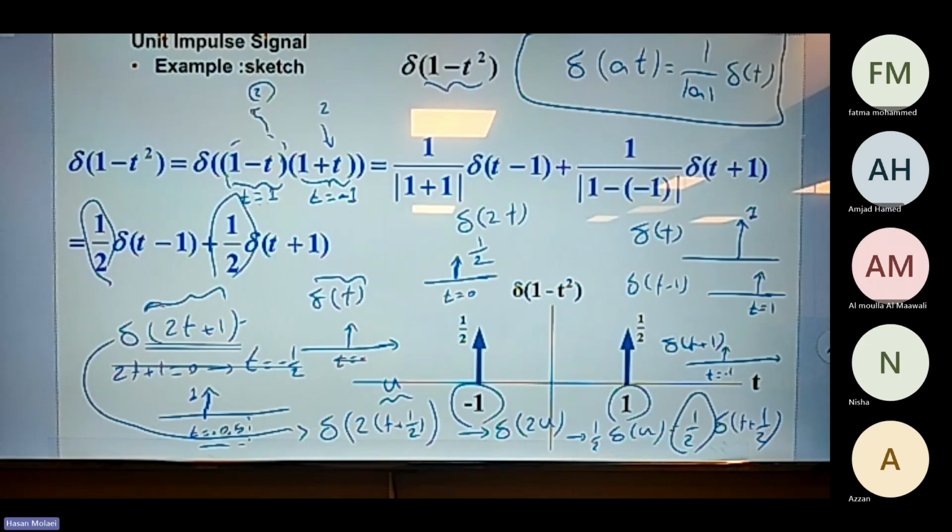Right now, you just memorize this one and use it. I will show you how we prove that.